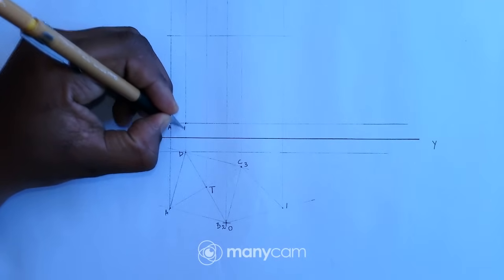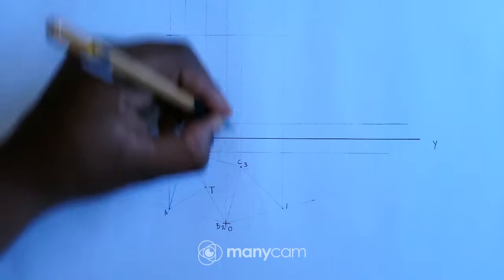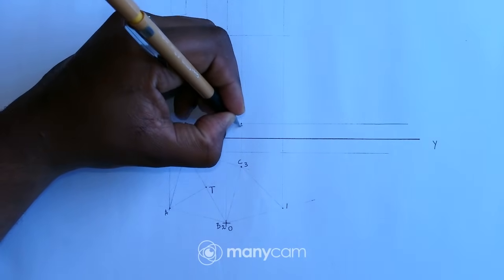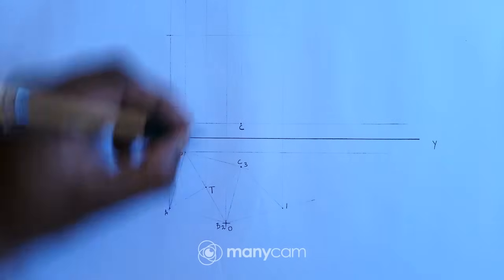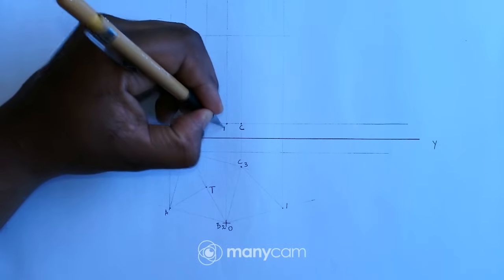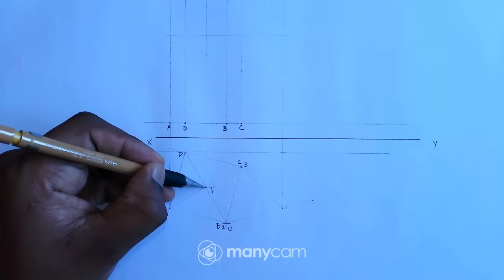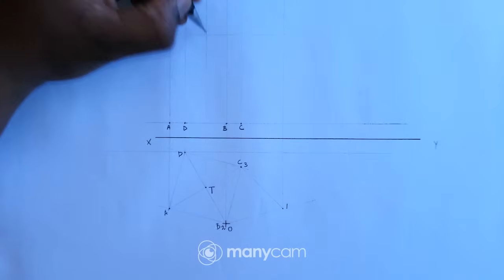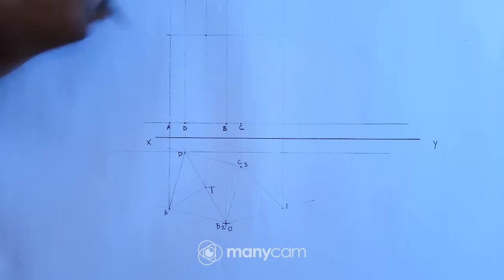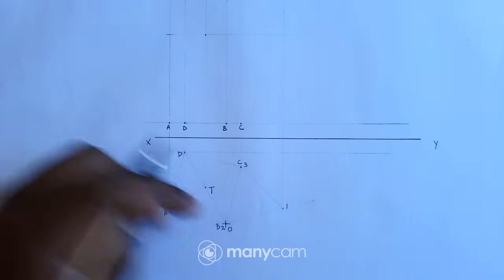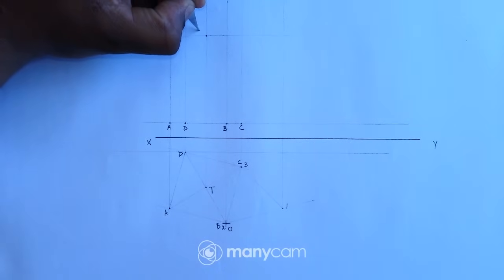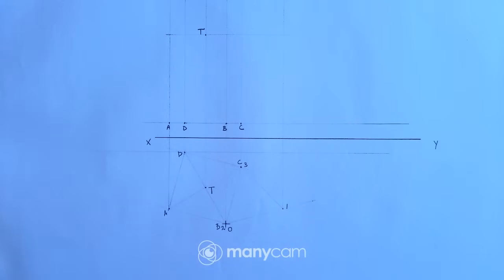And this one is D. C is there. And B is there, right? Okay, and then we have point T. So this point is just up there because remember this solid is a pyramid, so T is right there.